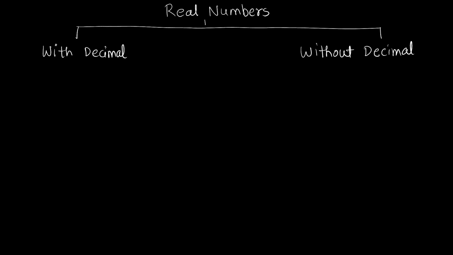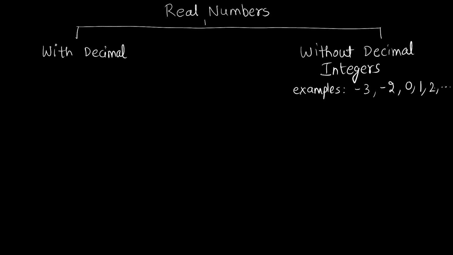Right? Such numbers are called integers. The examples of that include -3, -2, 0, 1, 2, 3, and so on. Right? These are all the integers.